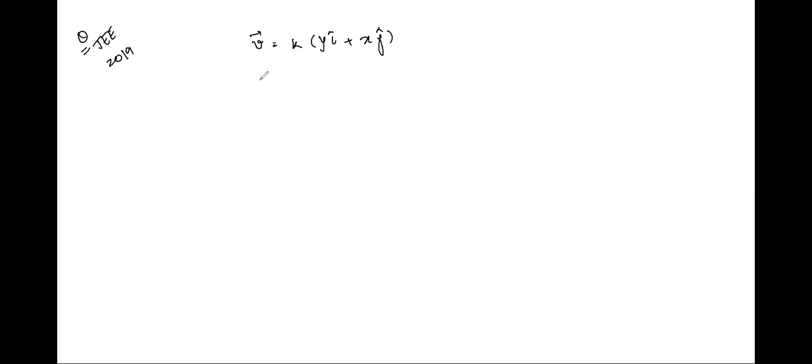You're being told to write the equation for its path. I will repeat the question. The velocity of the particle is given as k times y i cap plus k times x j cap. Write the equation. Such an easy-seeming question, yet it seems so challenging.